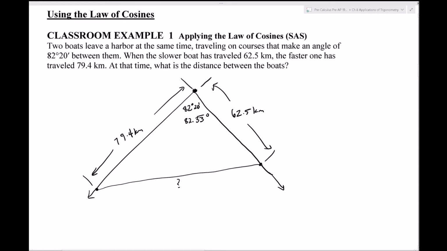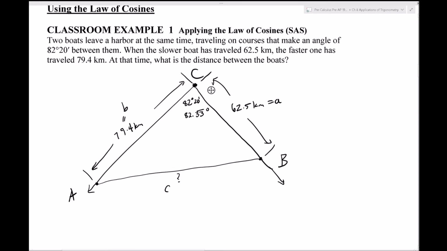So here's the thing. I'm going to label this as C. The one that's opposite of the angle that's given, we're going to call little c. And if that's the case, we can call this one little a because it's the smallest one, and this one little b. In which case this is big B, this is big A, this is big C. And then I just apply the formula. Formula is c squared is equal to a squared plus b squared, minus 2ab cosine big C. That's the formula.